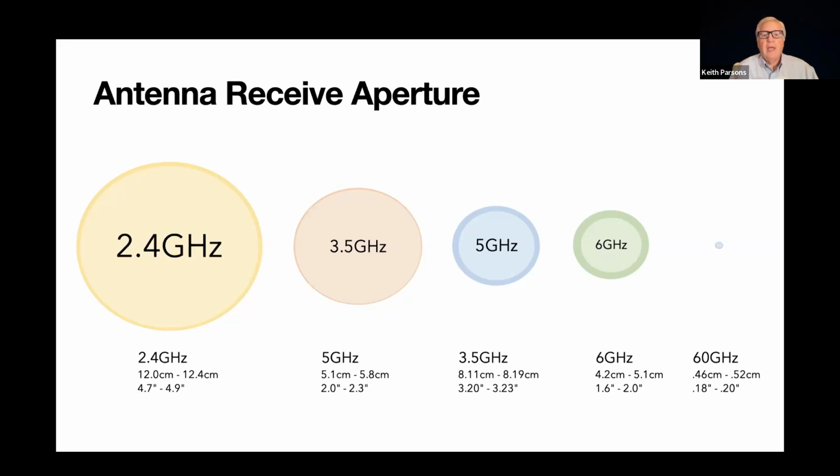So, if you have a 2.4 gigahertz antenna and it's spraying 2.4 gigahertz of water sprinkled in some place, this is the size of your rain cup that's catching the water. Think of it this way, this little thing is how much water you can catch off a 2.4. This, by contrast, is the amount of water you catch off of 5 gig.